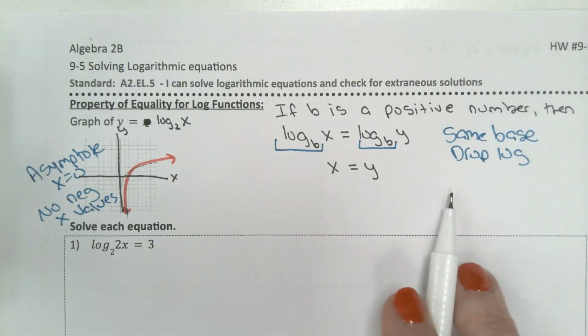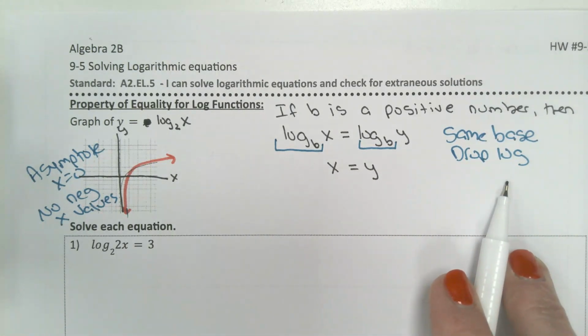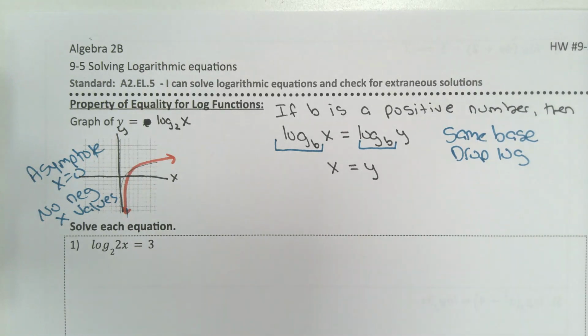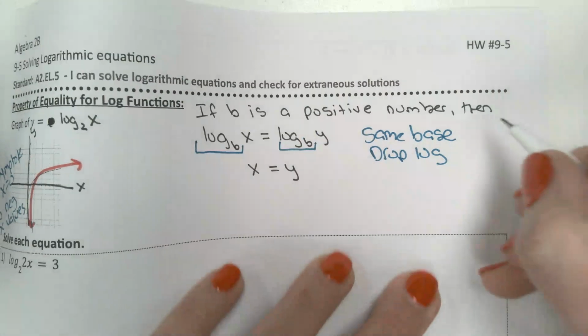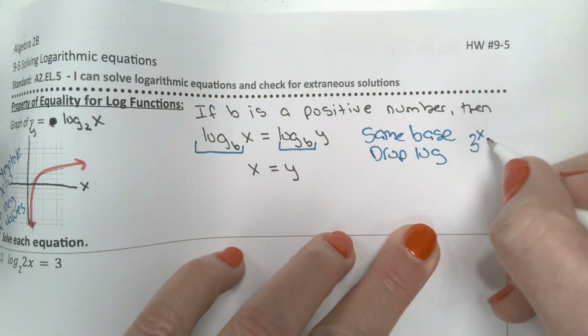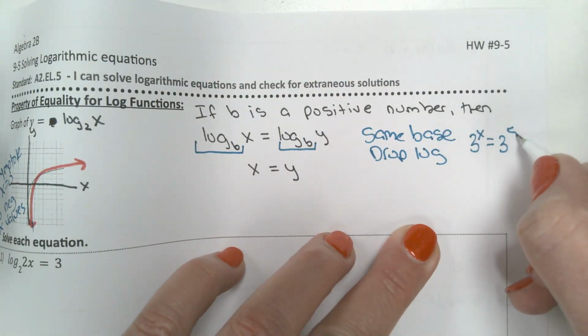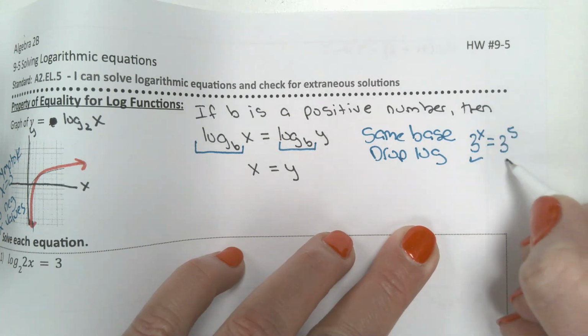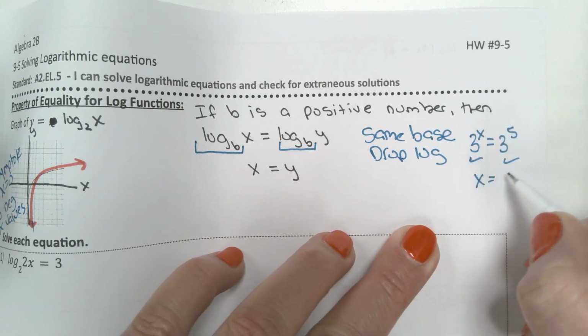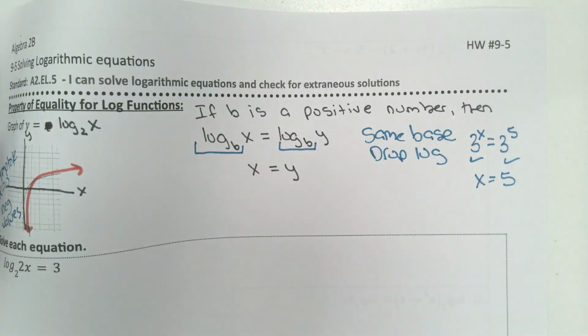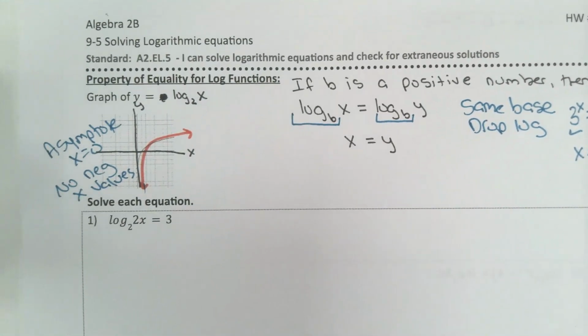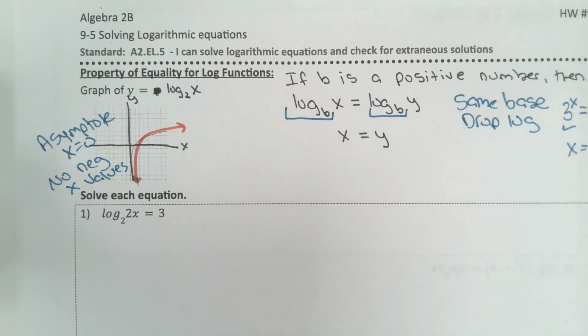We did this same thing on exponents because exponents and logs are related to one another. Like a few sections ago, if you had 3 to the x equals 3 to the 5th, you have the same base, and so we would set the exponents equal. That's basically the same thing that we're doing here, just with logarithms now.